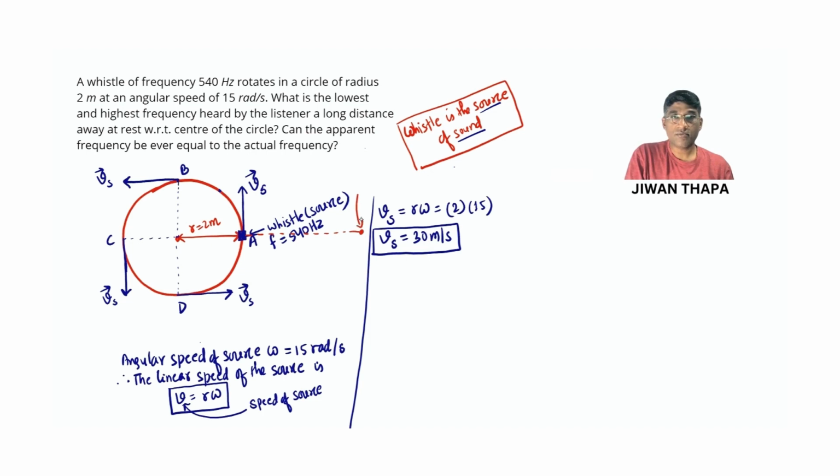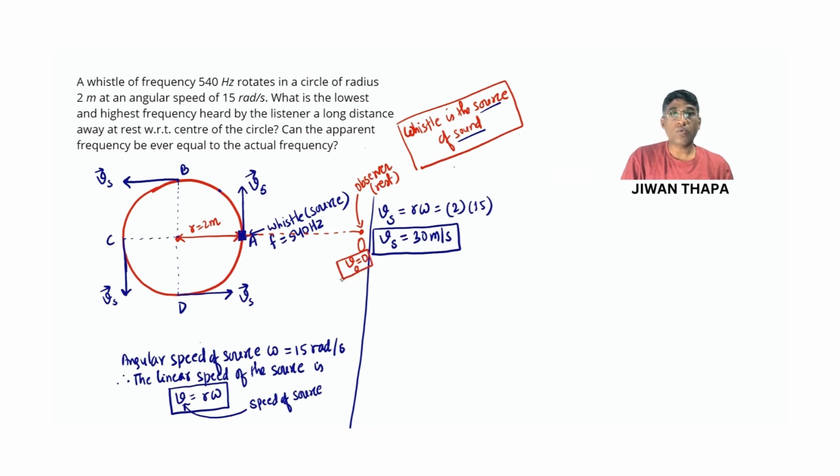This is observer O, and it is at rest, and the speed of the observer, V naught, equals 0.